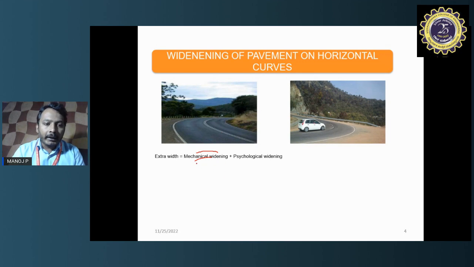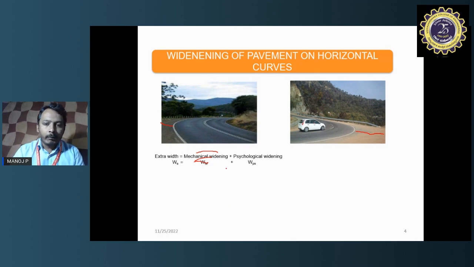In order to avoid that, mechanical widening is provided. Psychological widening: when the vehicle driver is moving at a higher speed, then in order to have better control over the vehicle, psychological widening is provided. So extra width is provided based on mechanical widening as well as psychological widening.